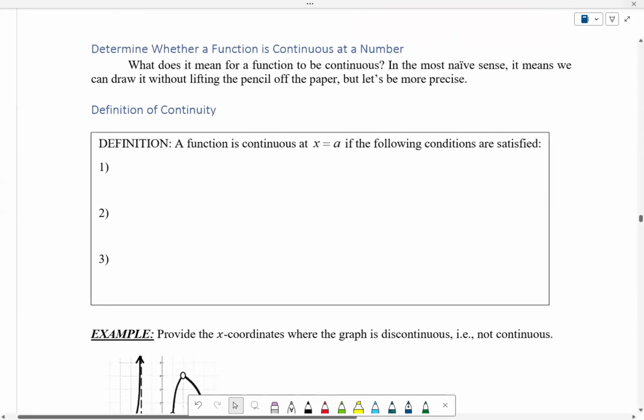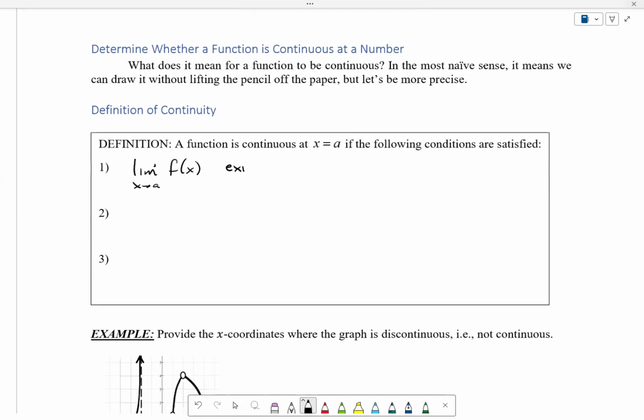But as a mathematician, you have to complicate things a little bit, so I'm going to look for 3 criteria for a function to be continuous at a value of x, basically x equals a in this case. 1, the limit as x approaches a of our function exists. 2, f of a exists.